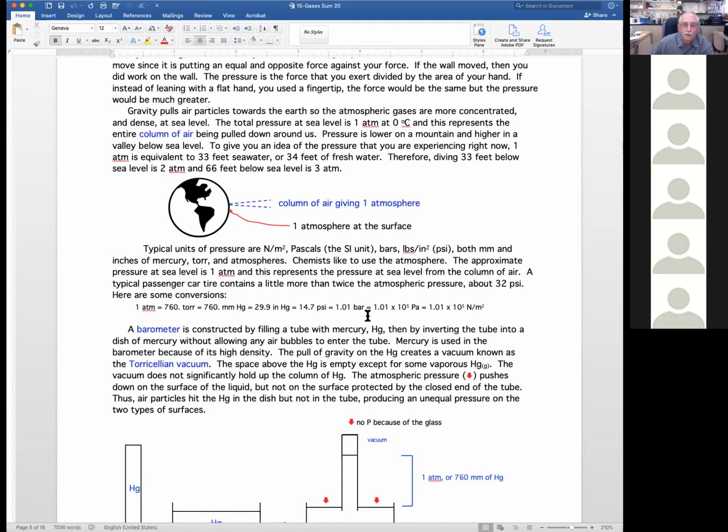So what is a typical passenger car tire? It's about 32 psi, right? Sometimes as low as 28 on certain kinds of cars. So the pressure inside the typical car tire is a little bit more than twice the pressure outside of that car tire.